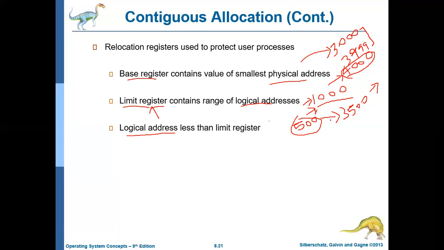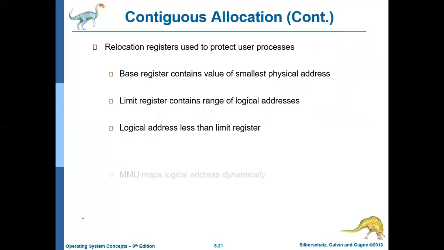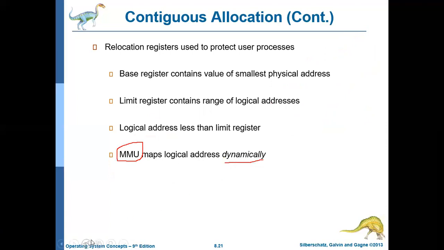If it is less, then only it will be allowed to access. But before accessing, the logical address will be converted to a physical address by adding it with the content of the base register. This conversion of the logical address to the physical address is done by a unit called the MMU, Memory Management Unit, and that is done dynamically during runtime.